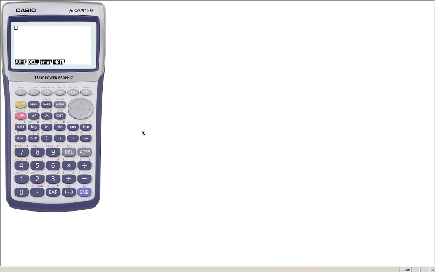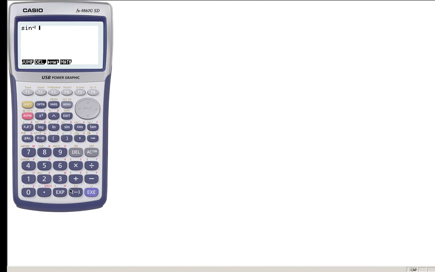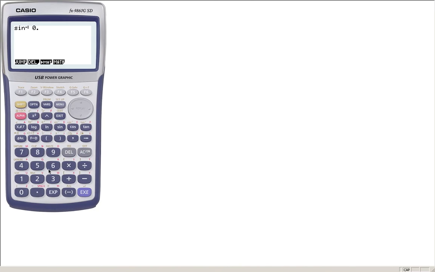So sine inverse is above this sine, so shift sine, inverse of 0.891. The answer is 1.0995. This is the answer.